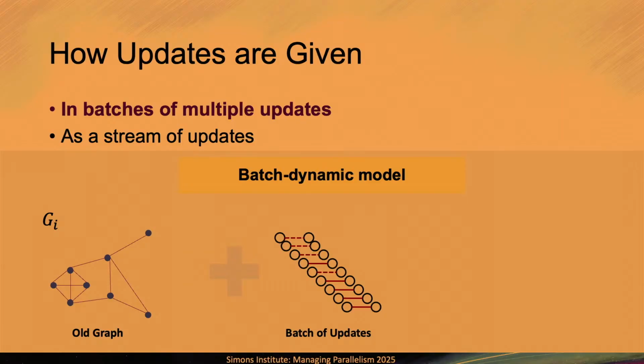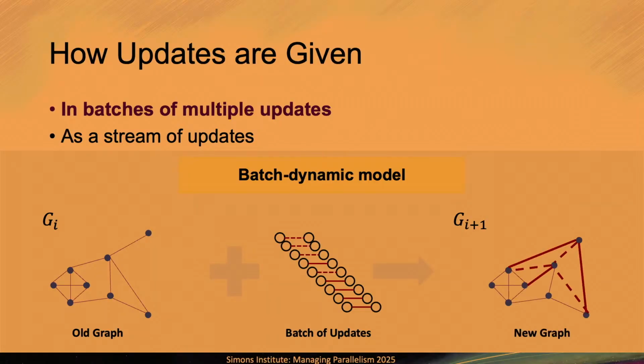In this case, you can consider the dotted lines to be edge deletions and the solid lines to be edge insertions. Given this entire batch, you apply it to your graph, so the dotted lines are deleted and the solid lines are inserted into the graph.